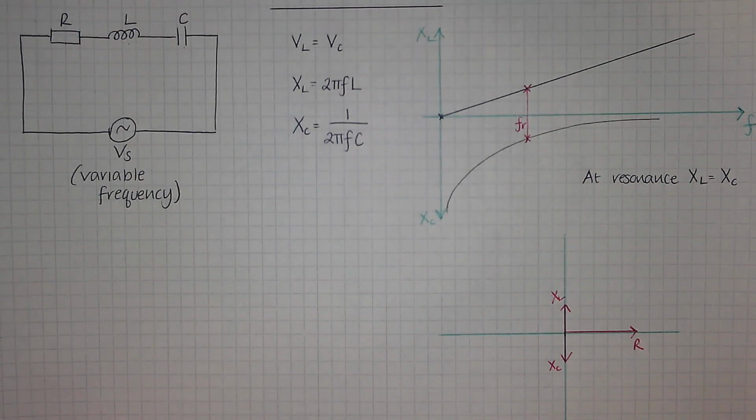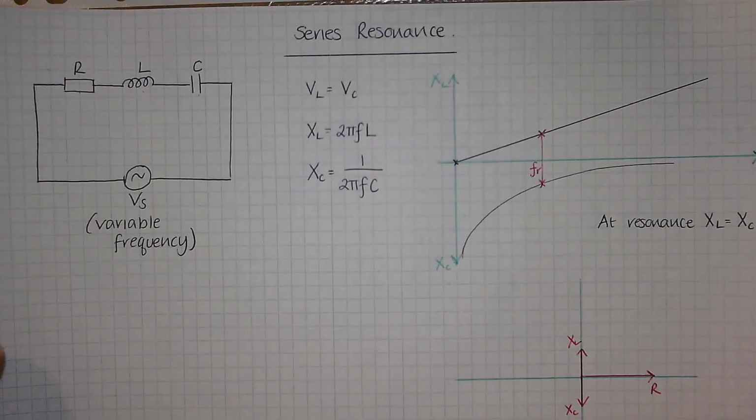So from that you would determine that at resonance the impedance in the circuit is equal to the resistance.